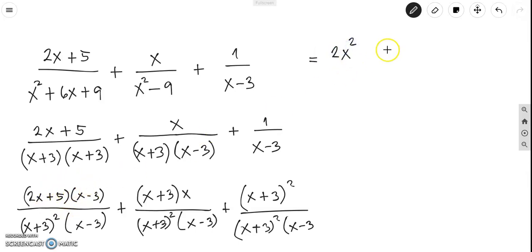Here we have 2x squared. Use the FOIL method on this one, so therefore we have 2x squared minus x minus 15.